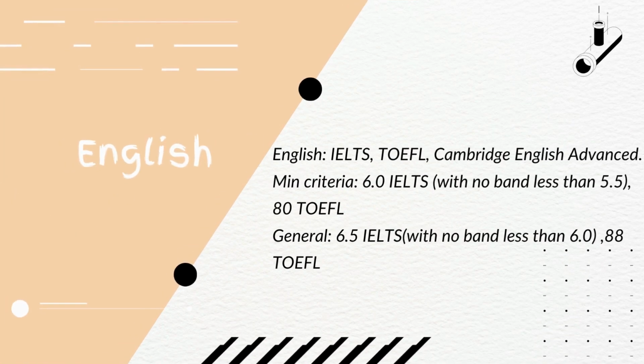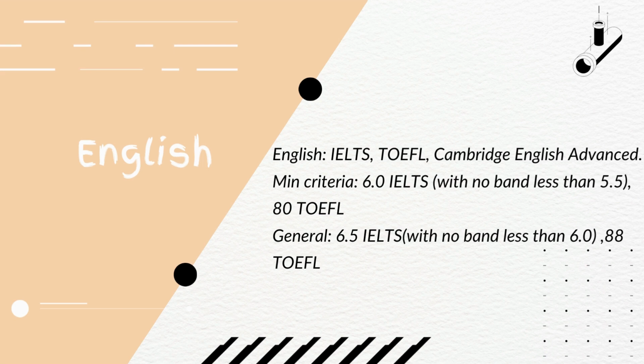For English, we have the IELTS, we have the TOEFL, Cambridge English Advanced, and the minimum criteria for IELTS academic is 6.0 with no band less than 5.5. And the minimum for TOEFL is 80. For the general, the minimum is 6.5 with no band less than 6.0, and for TOEFL, the minimum is 88.